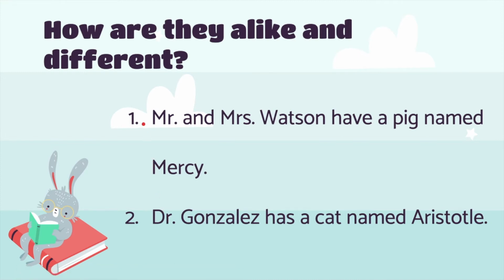Now we're going to hop into how the 2 sentences are actually the same, or what they have in common. So they're both talking about an animal. The first one is talking about a pig, and the second one is talking about a cat. The next thing that's similar is that the titles have been abbreviated or shortened. So we see that the word doctor is not fully spelled out and that it is abbreviated with a period. So if you caught on to that, go ahead and give yourself a pat on the back.